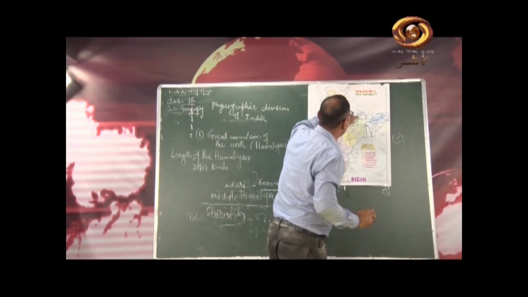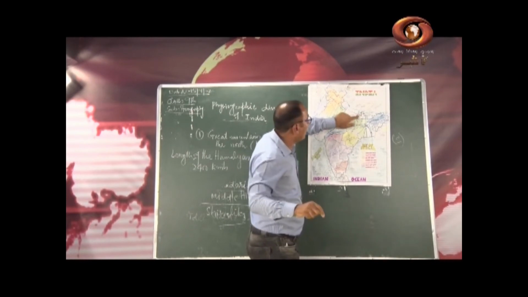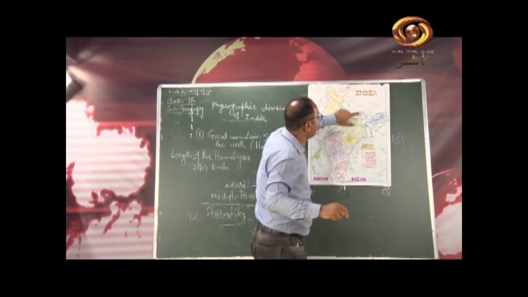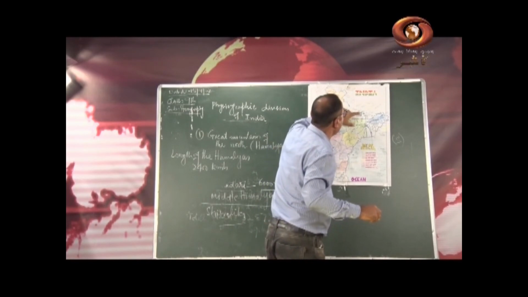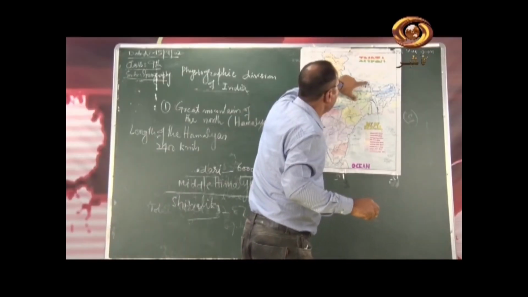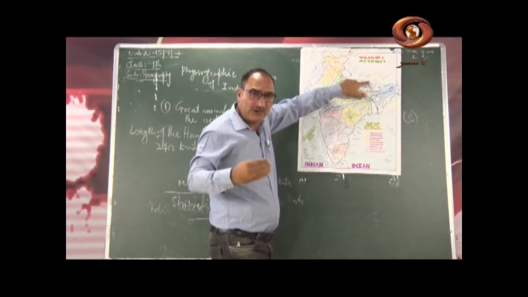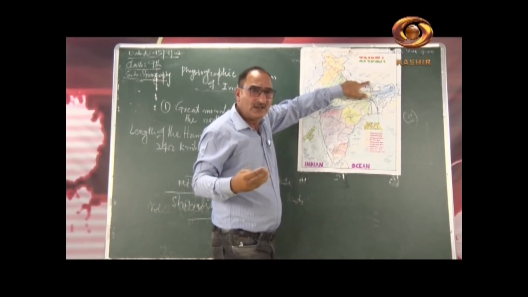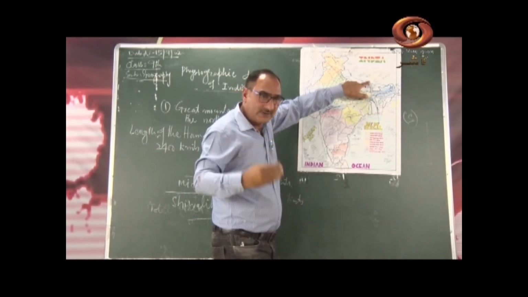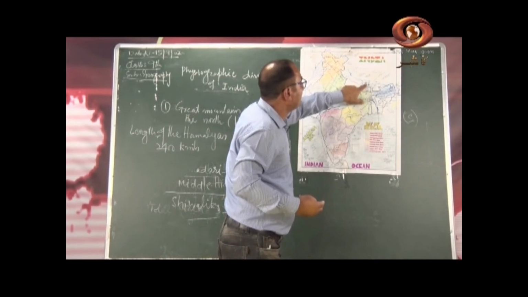Then there is one more peak that too lies in Nepal Himalayas. It is Makalu. The height of Makalu is 8481 meters. Makalu is another prominent peak of the Himalaya.